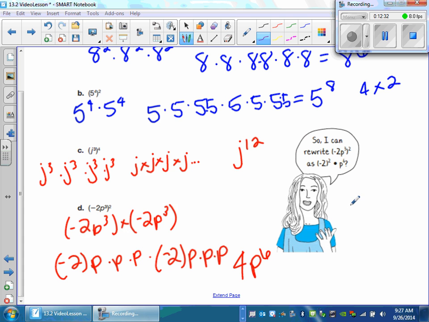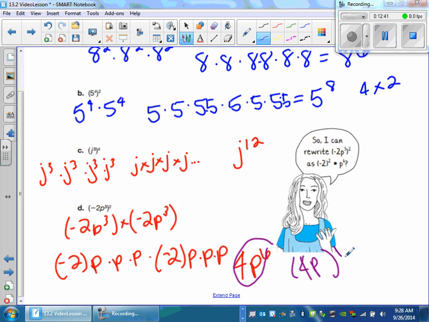But I want to ask you if there's a difference between this and 4p all to the 6th power. And you should hopefully automatically say, yes, there's definitely a difference between these two, because this 4 is really to the 1st power, and if you were to take 1 times 6, you would end up changing this to be 4 to the 6th power, p to the 6th power.